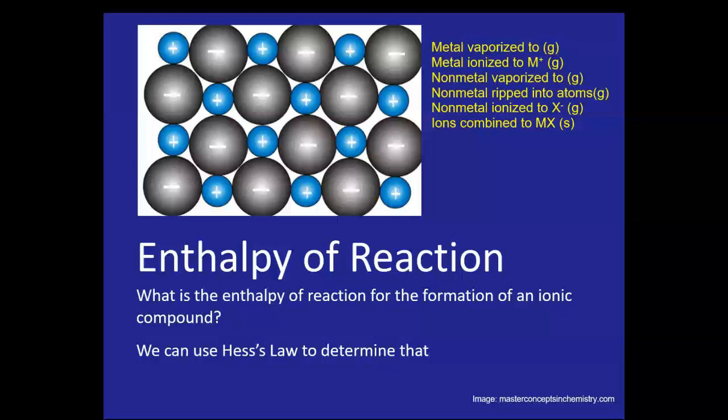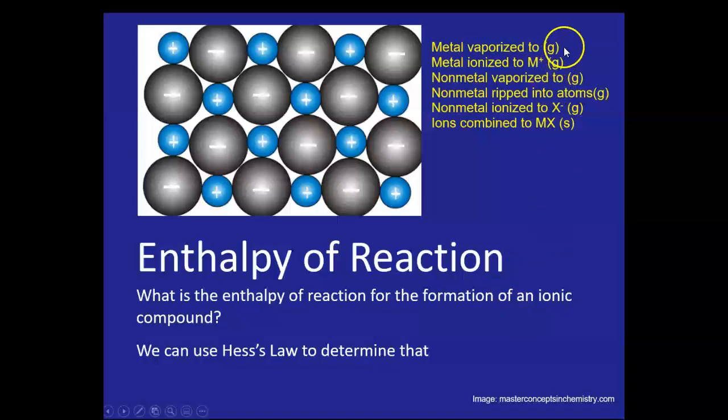So let's suppose we have a very reactive metal and a very reactive nonmetal. And how do we find the energy that is produced when they react? And specifically, what energy is produced when the two ions in the gaseous phase get together and form the crystal in the solid phase?